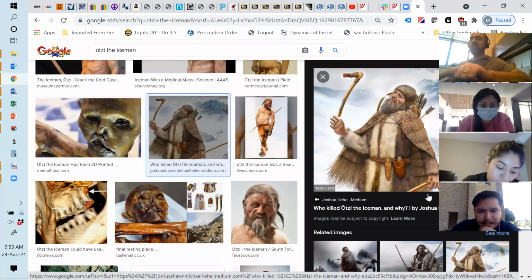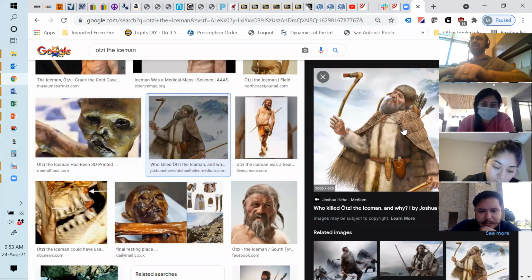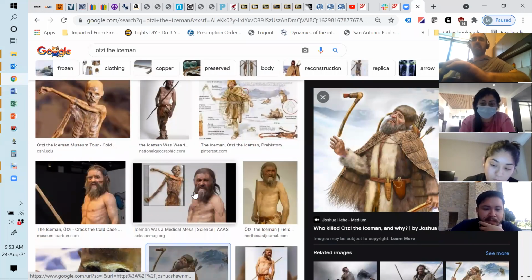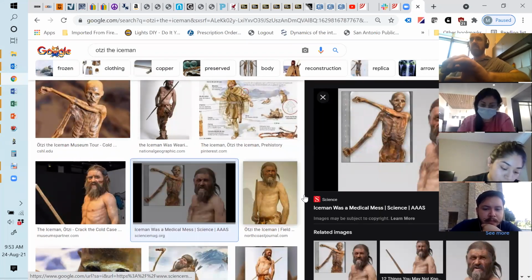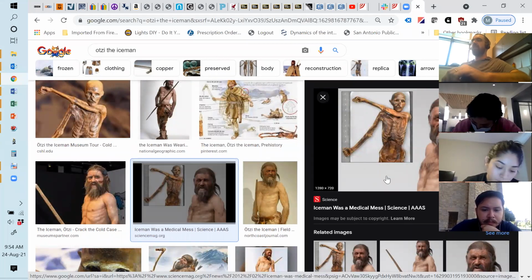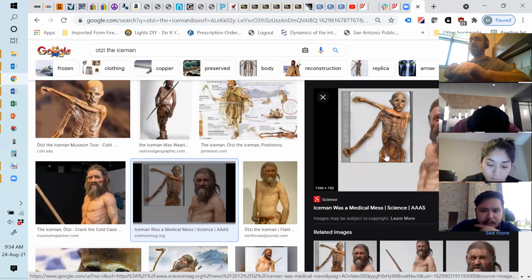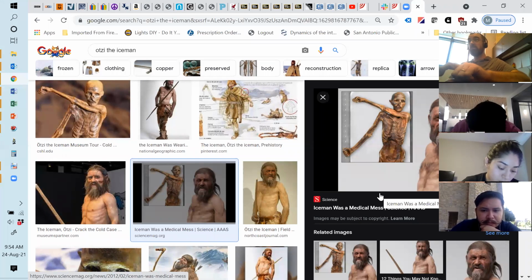But they found kind of a nick in one of his ribs, I think, which is similar to what one would expect with an arrow or an arrowhead. And they were also even able to figure out what he had for his last meal by sequencing the contents of his stomach. Right? This is 4,000 years old. He's clearly not in particularly good shape, a bit shrunken and wizened, fairly well preserved.